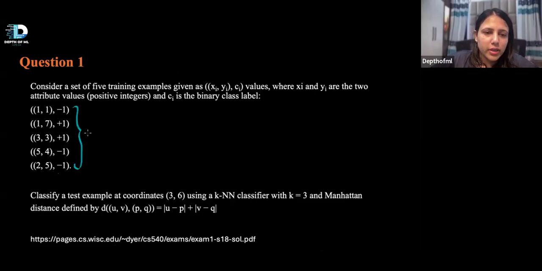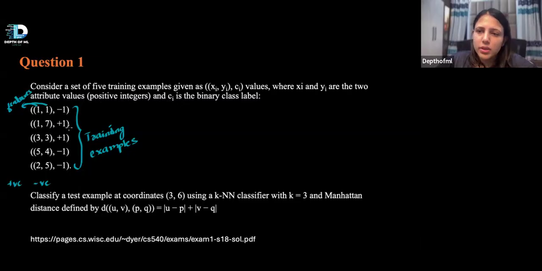Where xi and yi are 2 feature attributes, so these 2 values are basically features, or attributes as you can call them, and they are all positive integers. Then you have ci, the binary class label. So there are 2 classes, a positive class and a negative class. So +1 or -1, there are 2 classes.